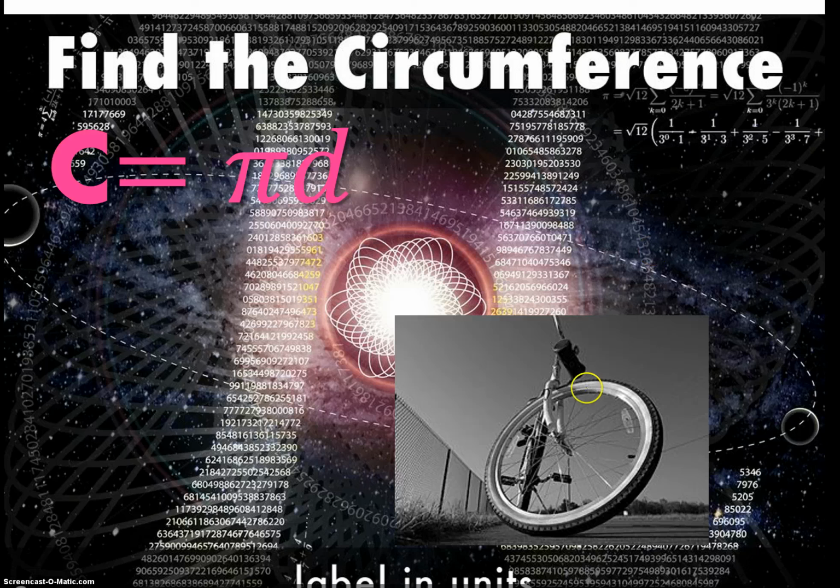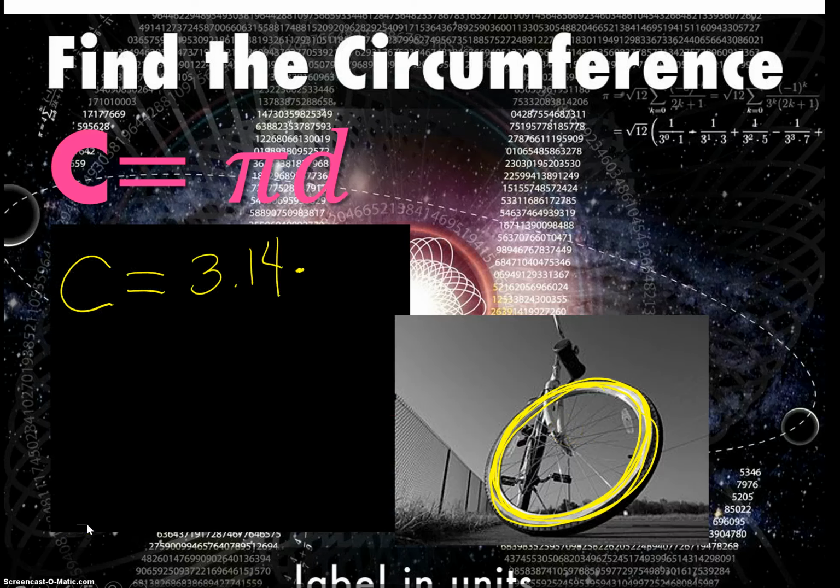So if we wanted to find the circumference of this bike tire, circumference is the distance around, so a real life application, like the size of the tube that you need to fill up this bike tire. Circumference equals pi, we're going to use 3.14, times the diameter. So let's say the diameter in this case is the distance across, right?